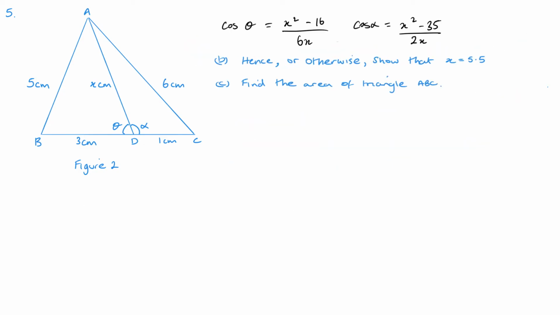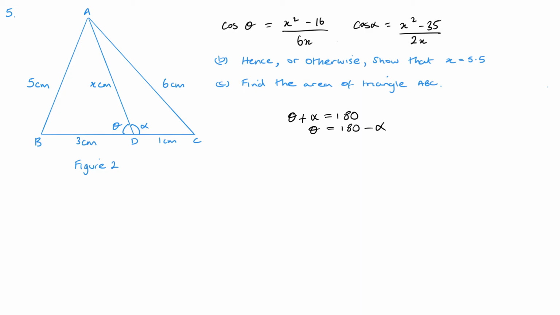Okay, part B now says, hence or otherwise, show that x equals 5.5. So the first thing we're going to be looking at is the fact that theta plus alpha equals 180 degrees. They're on a straight line together, so they must total 180 degrees. So theta would be 180 minus alpha.